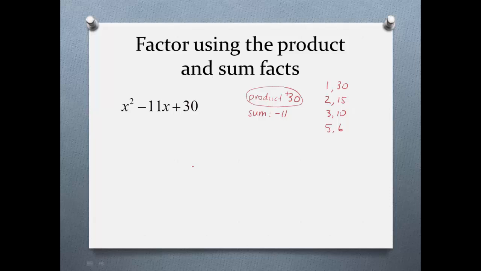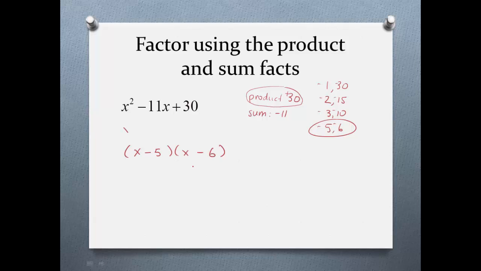I want the sum to be negative, which means that I would need both of these things to be negative here. And the ones that give me a sum of negative 11 are the negative 5 and negative 6. So what that tells me is that the numbers that end up in these parentheses after I factor it are x minus 5 times x minus 6.